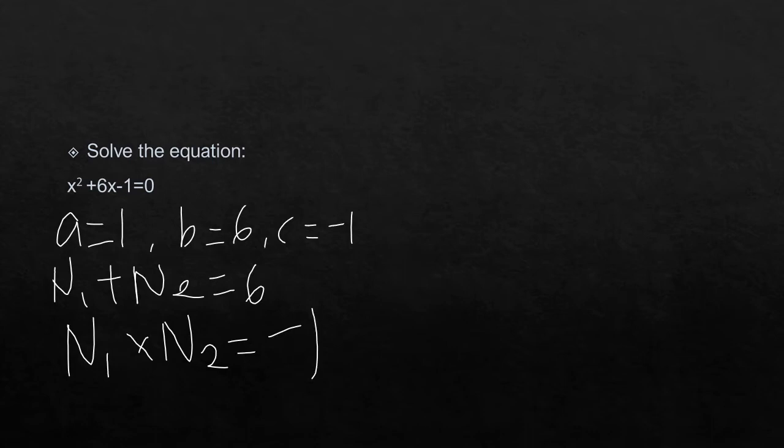What two numbers, when added, will result in 6, but when multiplied will result in negative 1? There are no such numbers, so we need to take an alternative method other than factorizing to solve the equation. Completing the square.